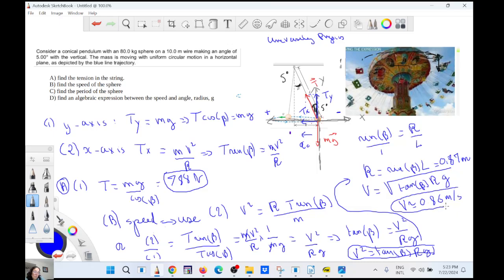It's a very small speed, 86 centimeter per second, so that will be the speed.